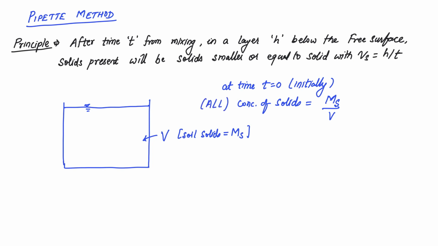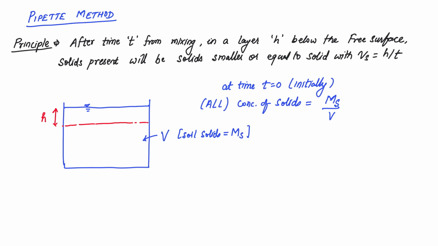Yes or no? Now let us assume that this is a layer which I am going to observe, at a distance of H. I take a pipette, which I hope you are aware of.